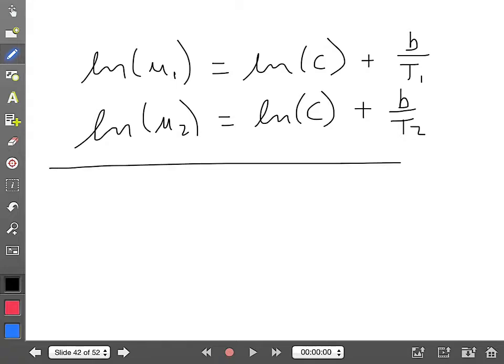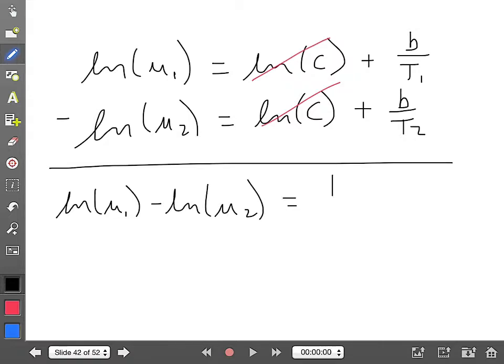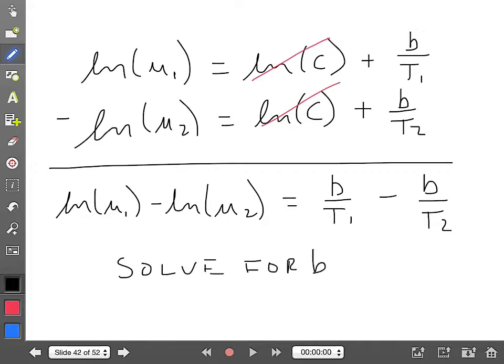And if we subtracted these two equations from each other, it would eliminate these, and we would have log of mu1 minus log of mu2 equal to B over T1 minus B over T2, and we could use that to solve for B. And then what we would do is substitute back in to one of these equations up here.